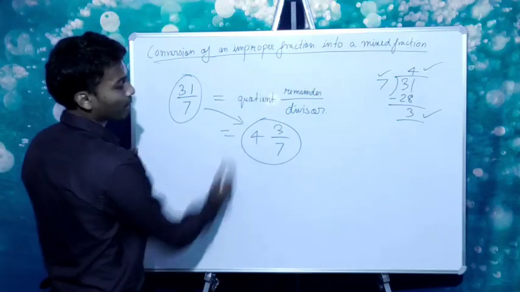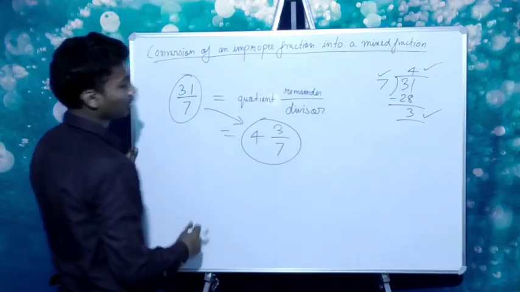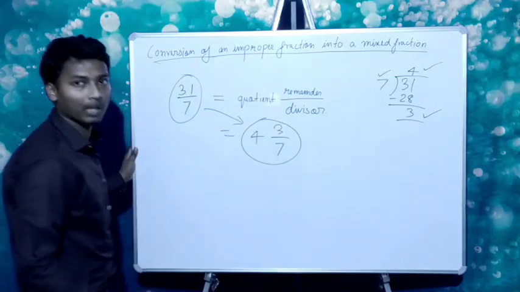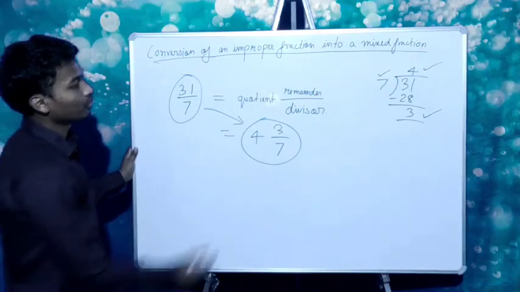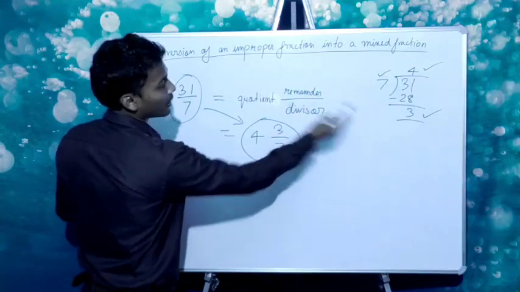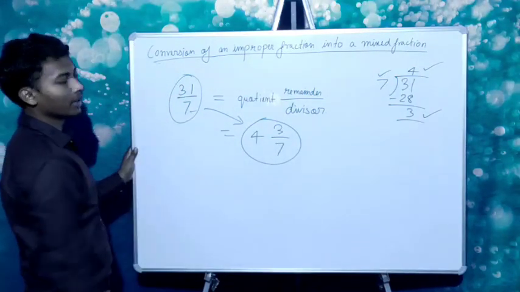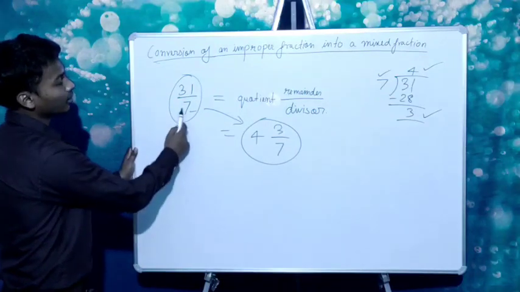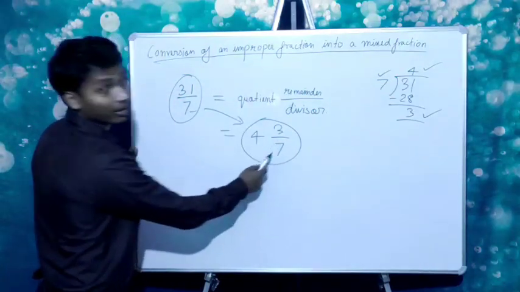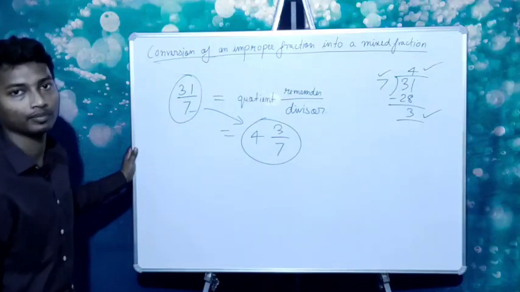So 4 is the integral part, which is the quotient, and 3 by 7 is the fractional part, in which the numerator is the remainder and the divisor is the original denominator. So the denominator here will remain the denominator in the fractional part.